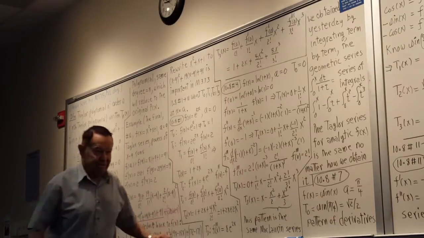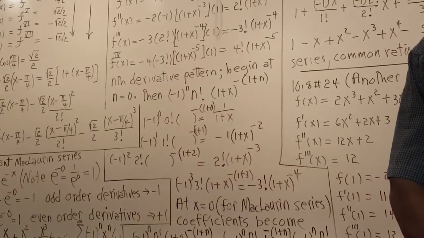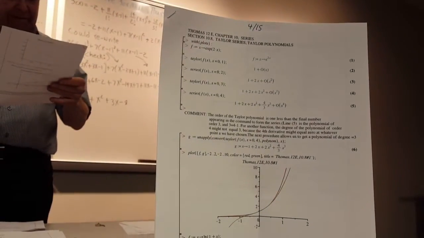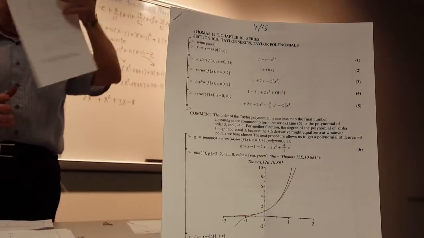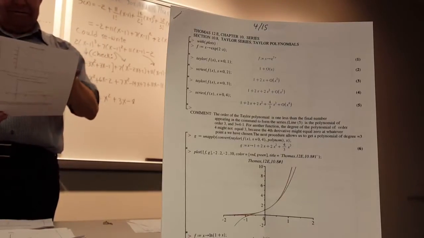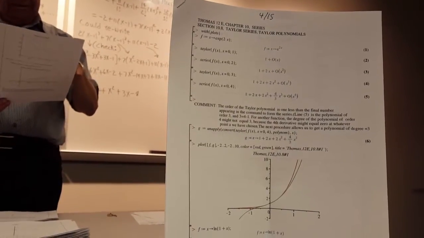Okay, so I think we have this on the handout. Let's see what we have here. On the first page, this is the second set of Maple that you just received, we wrote out the Taylor polynomials for e to the 2x.